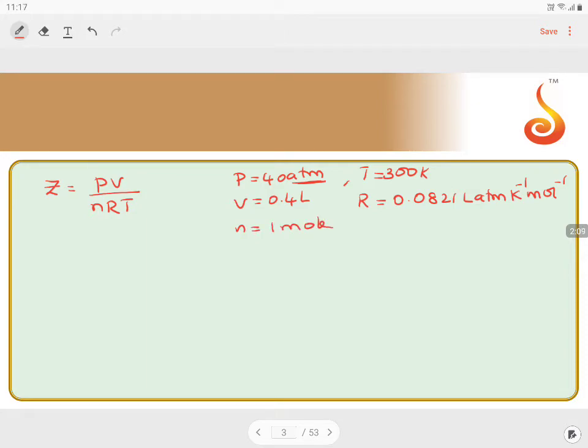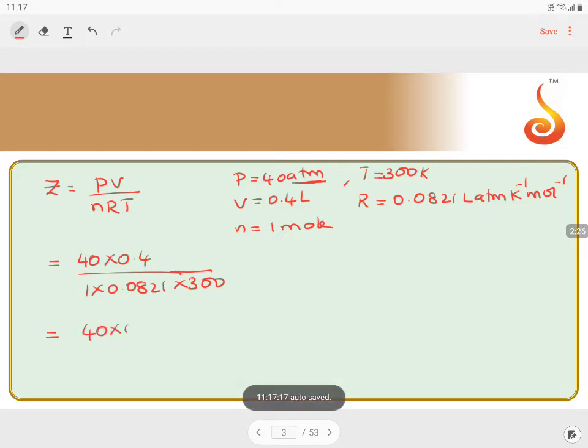So Z equals 40 into volume 0.4 by n value 1 into 0.0821 into temperature 300. I can do a small approximation: 40 into 0.4, and R value can be written approximately as 1 by 12.